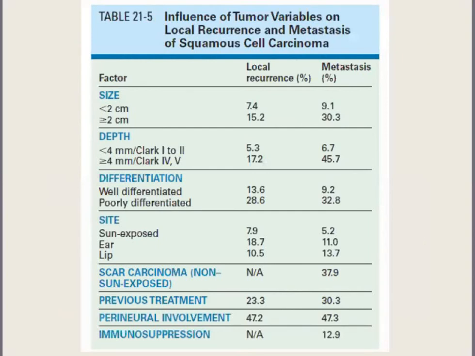So, this is just to give you an example. Risk of metastasis is different according to the size, depth, differentiation, and site. This is just for your information, to show you the risk of metastasis.